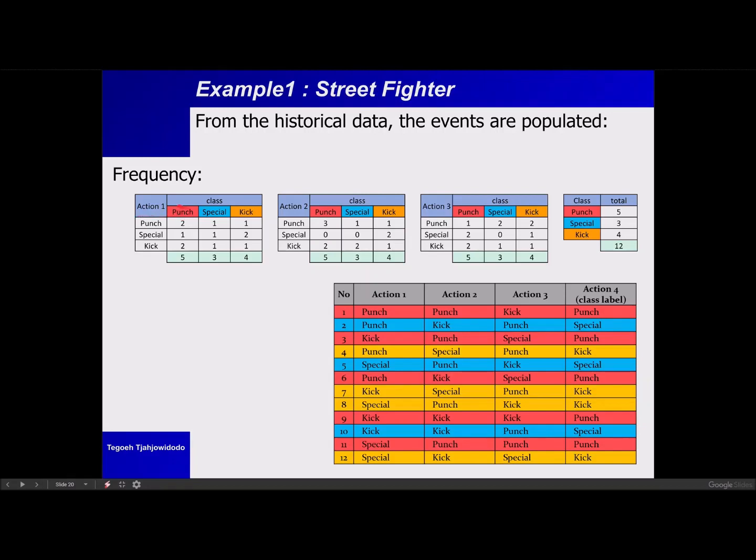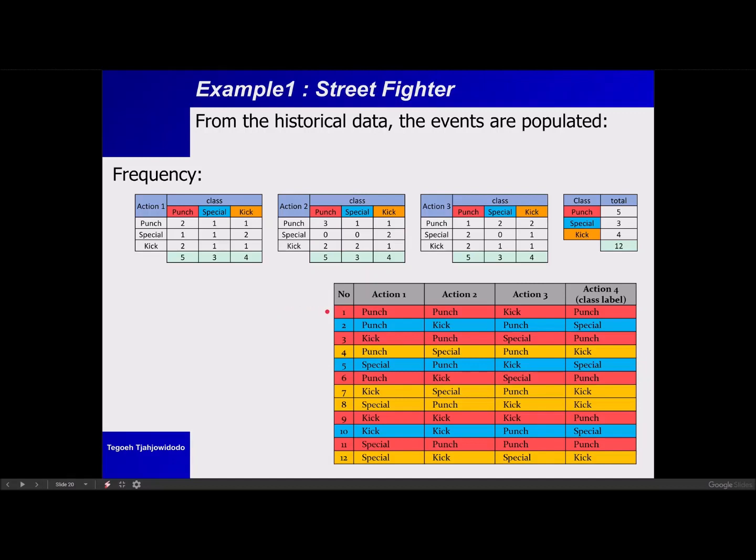So for the last action punch, how many of them have punch in the first action?